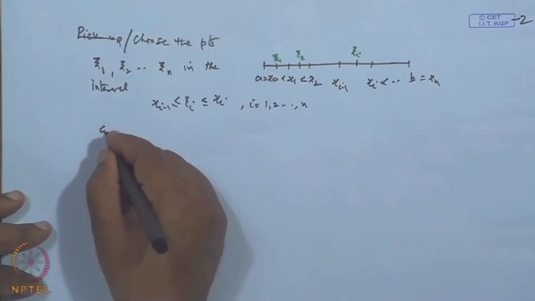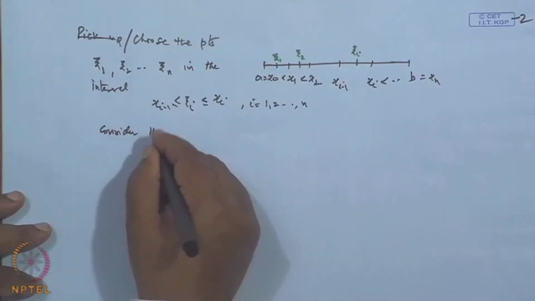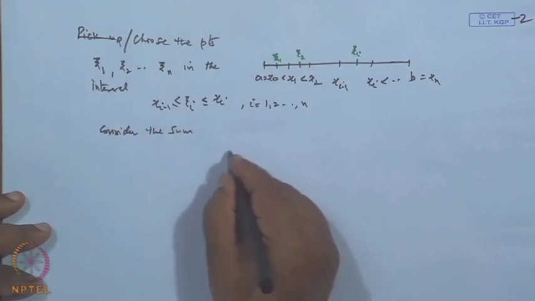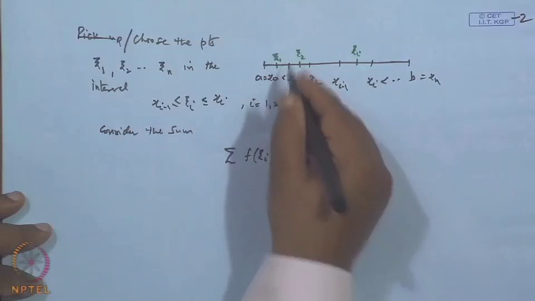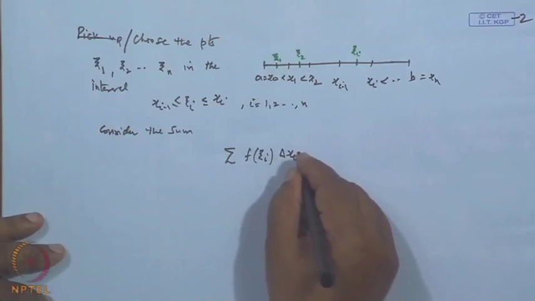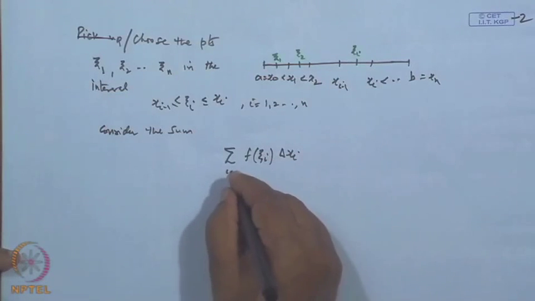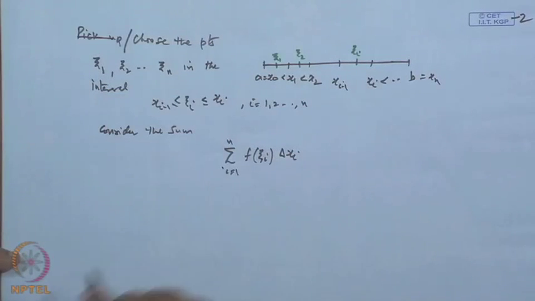Okay. So, now consider this sum: sigma f of xi multiplied by the length of the interval in which this point xi lies, and i is 1 to n.